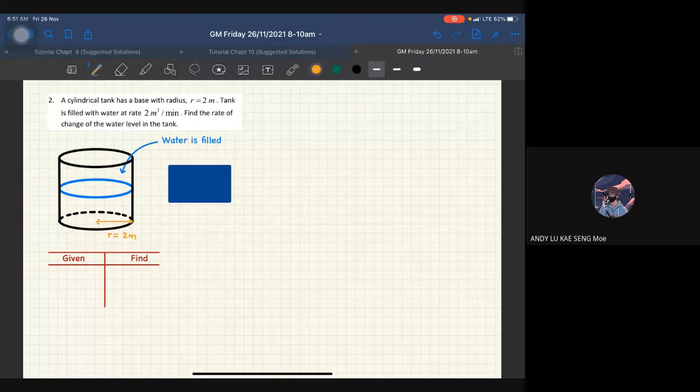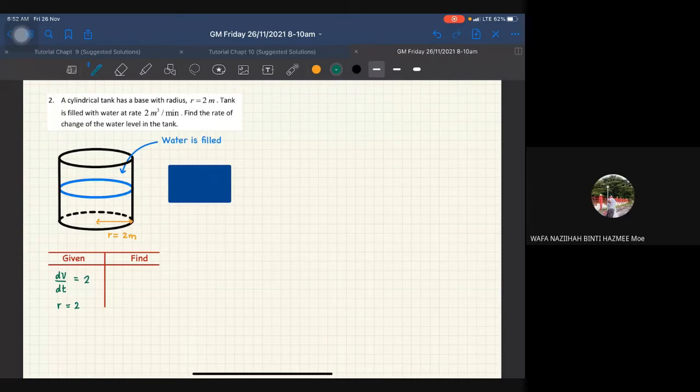So soalan minta kita cari apa? dH dt. Betul, okay. So water level maksudnya ketinggian air tu. Okay, so kalau tinggi maksudnya height lah. So we want to find dH over dt. This is what question 1. Okay, so untuk kita solvekan this kind of problem, so ini adalah benda pertama awak kena buat.